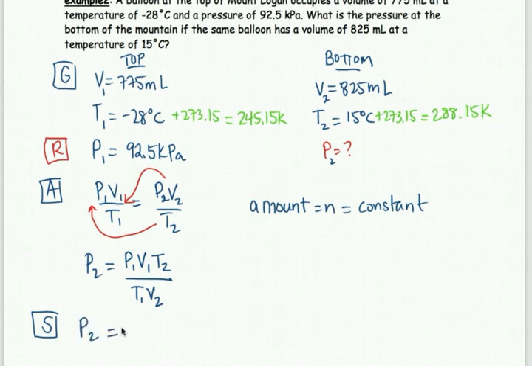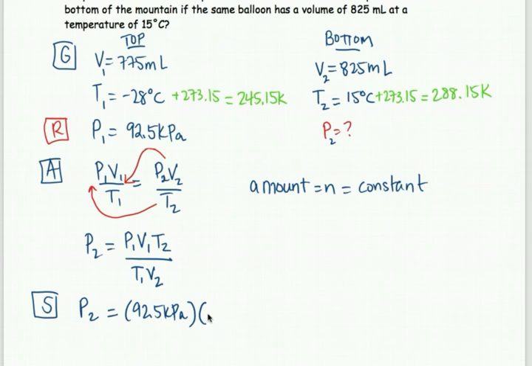Our initial pressure at the top of the mountain was 92.5. Our initial volume was, oh, we're going to convert those as well, so convert those to liters by dividing by 1,000.